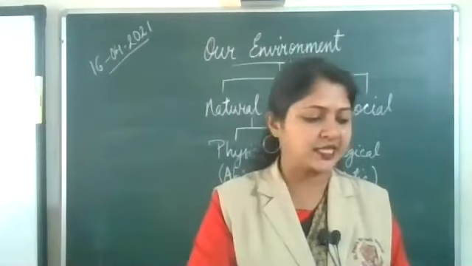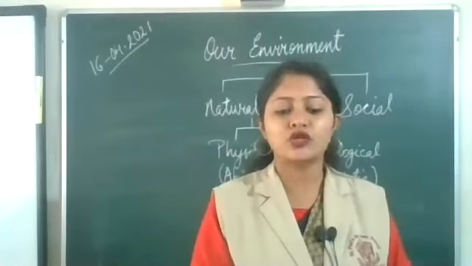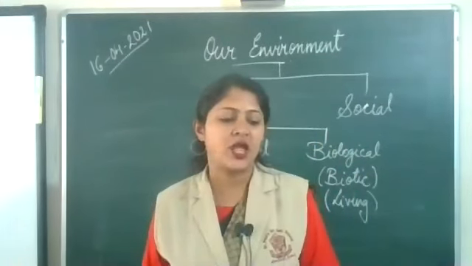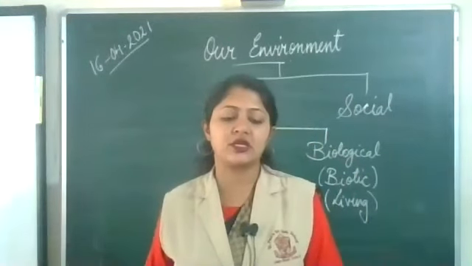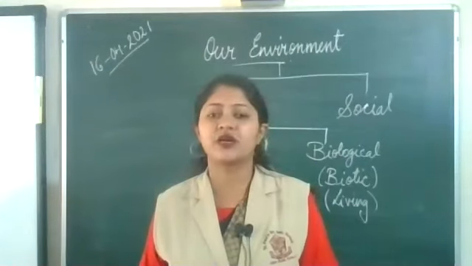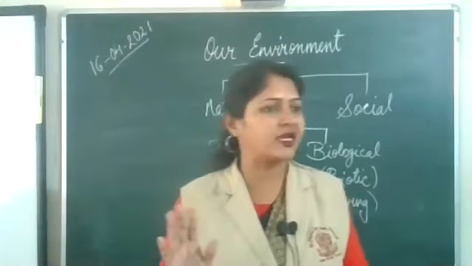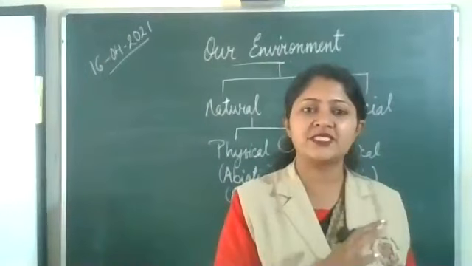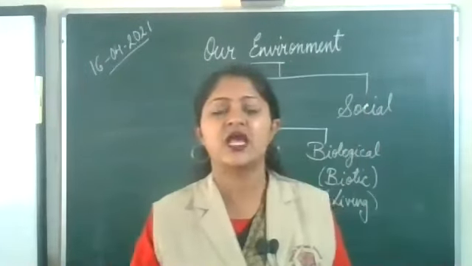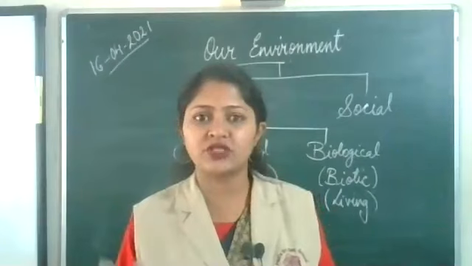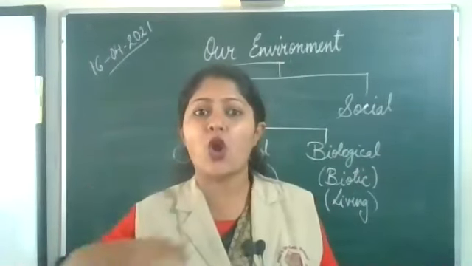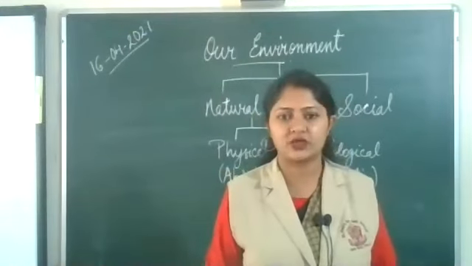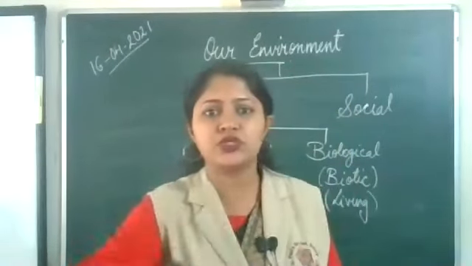Now let's see the next part. Autotrophs and heterotrophs are linked together by a simple relationship called the food chain. So you're all aware about the food chain. We spoke about the water cycle in the previous class. In this class, the food chain. We all living organisms are interdependent on each other. The plants need nutrients from the soil.